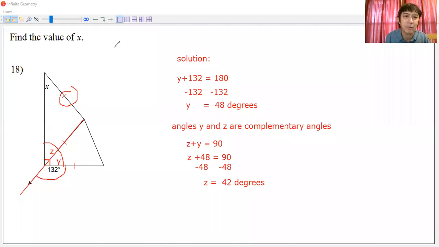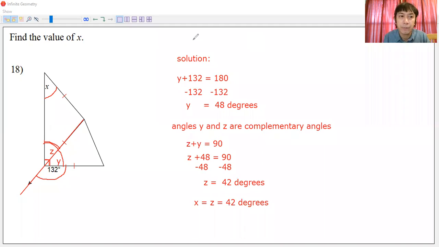Knowing those two sides equal, then x and z are base angles, so they are also equal. X is equal to z, which is equal to 42 degrees. And so the answer for x is 42 degrees.